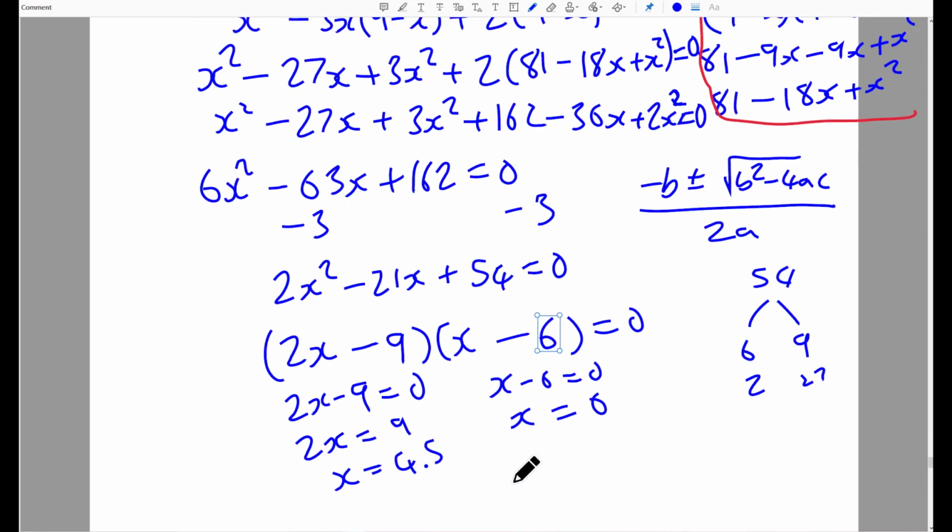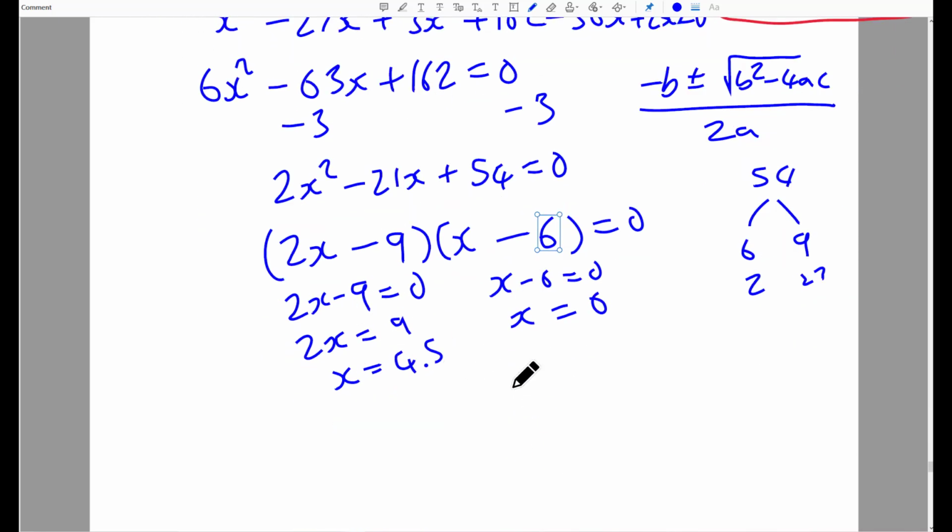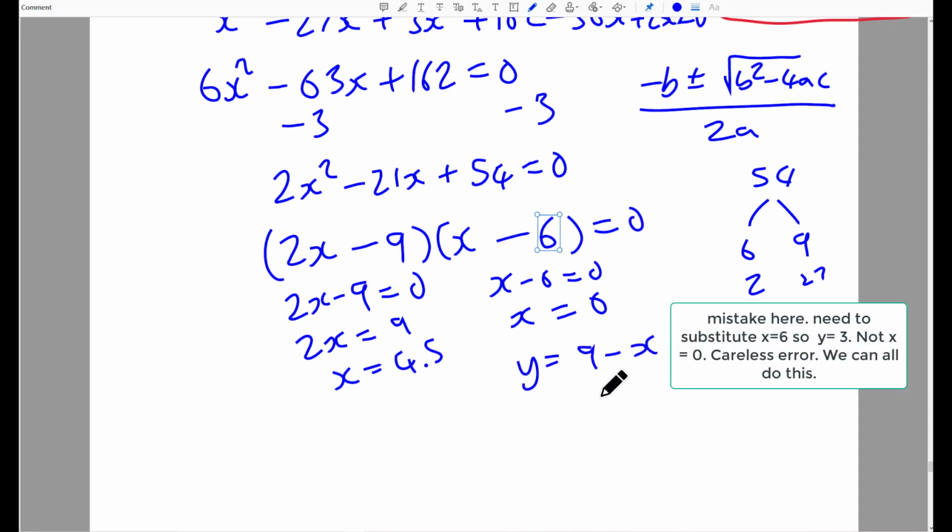We've got y equals 9 minus x. So sub those values in. So when x equals 0, y equals 9. So one of the coordinates is 0, 9.